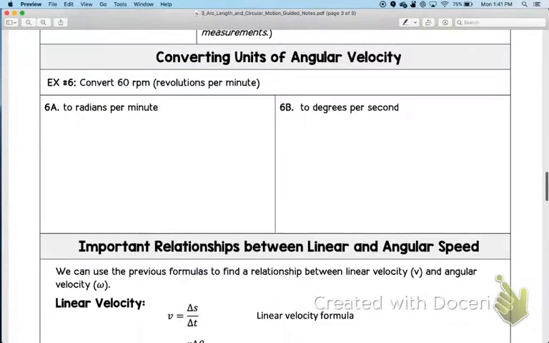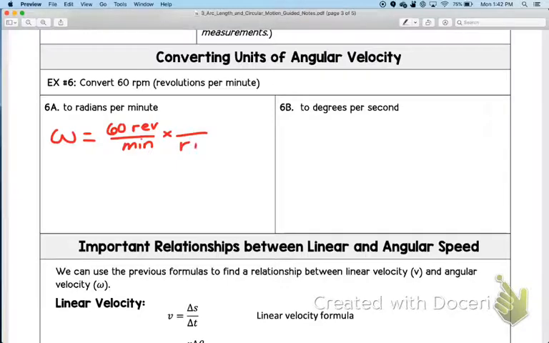So converting units of angular measurements. If I had to convert 60 revolutions per minute to radians per minute, how will we do that? My omega is equal to 60 revolutions per minute, and we need to get it to radians per minute. Minutes are already in there, so now let's do our revolutions.